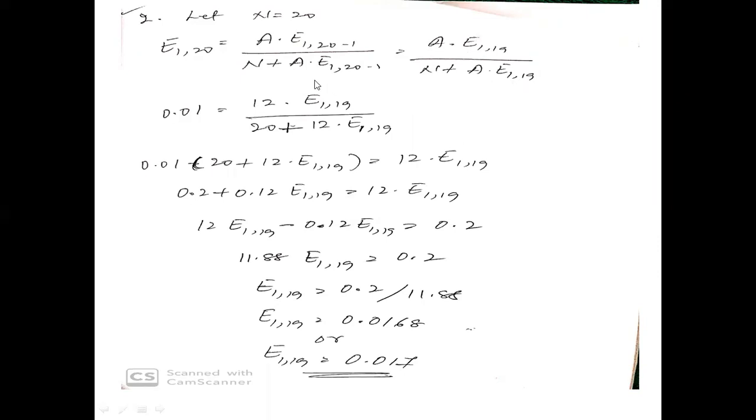Here in this case, E(1,20) is 0.01, which is given in the question. What we need to find out is E(1,19). Moving on, substitute the value for A, which is given as 12, and the capital N, the number of trunks, we are assuming it to be 20.